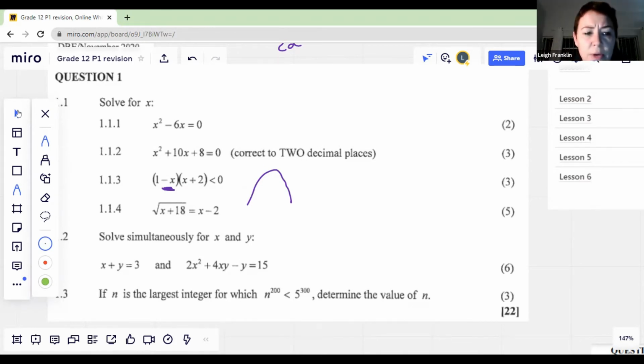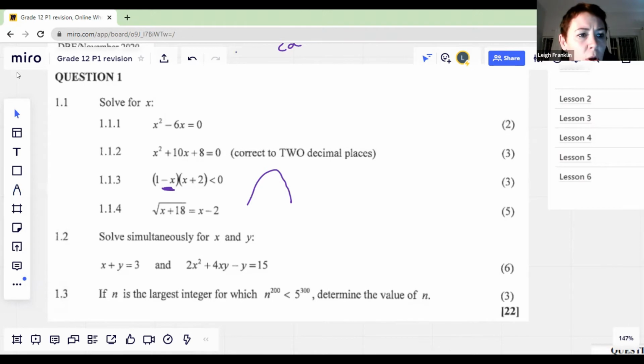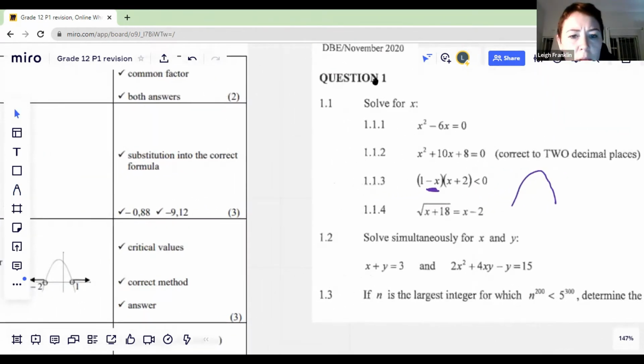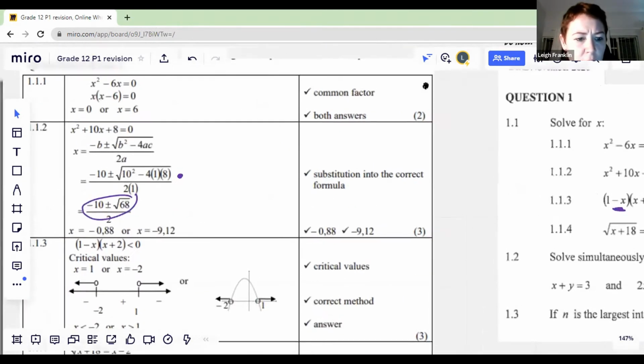Okay, does anybody have an answer for 113 now? Ma'am, is it 1 and -2? It's between -2 and... I'm going to show you again. All right, there it is over there.